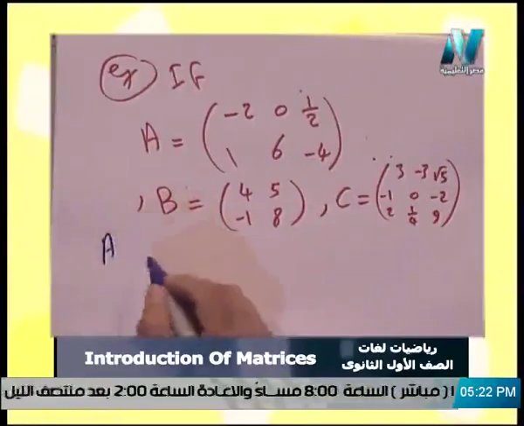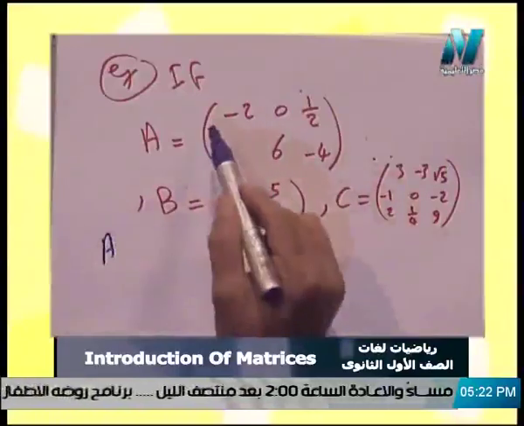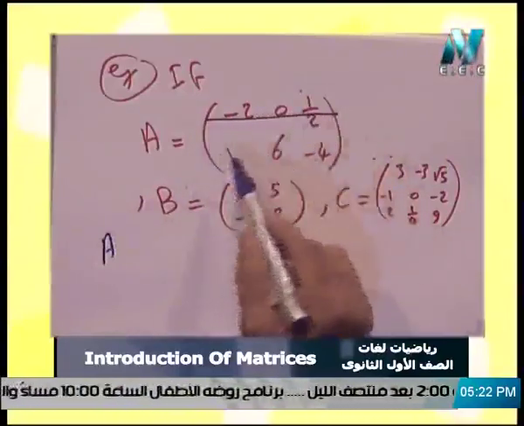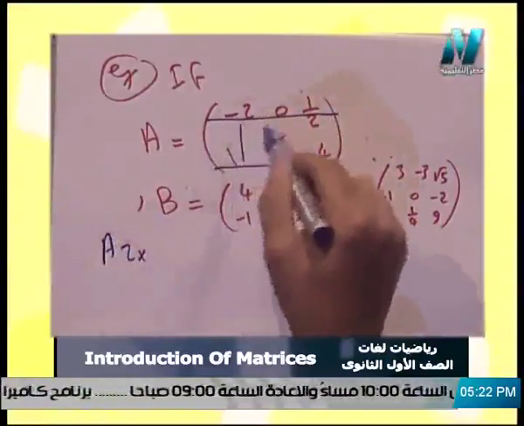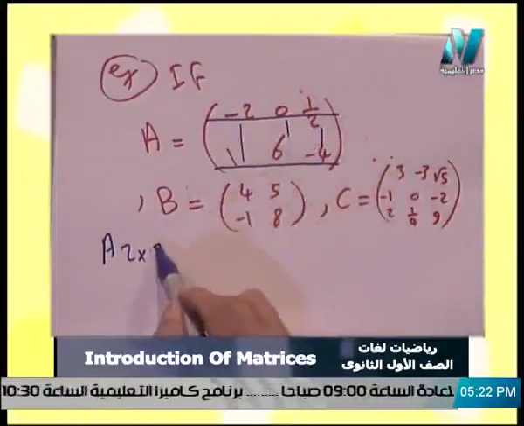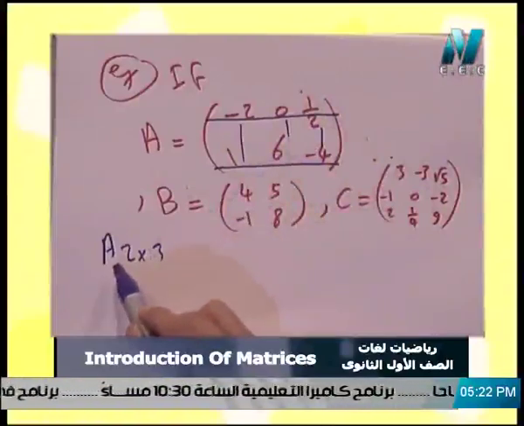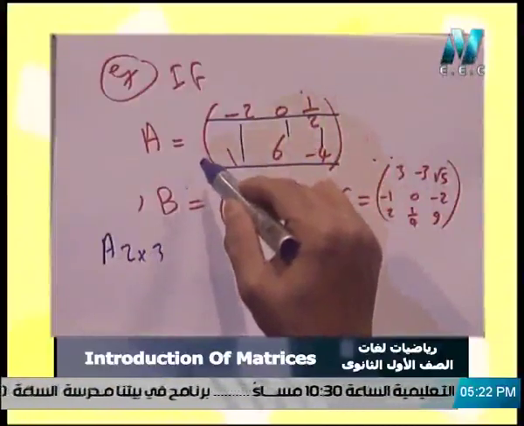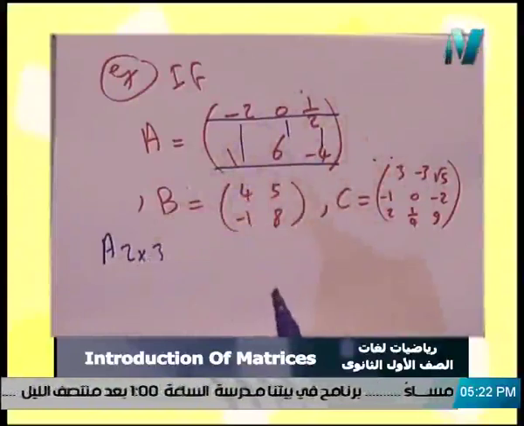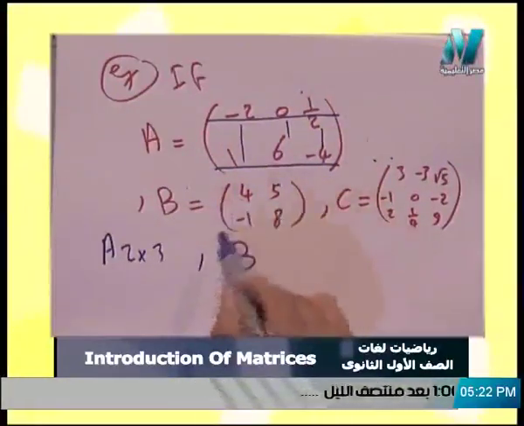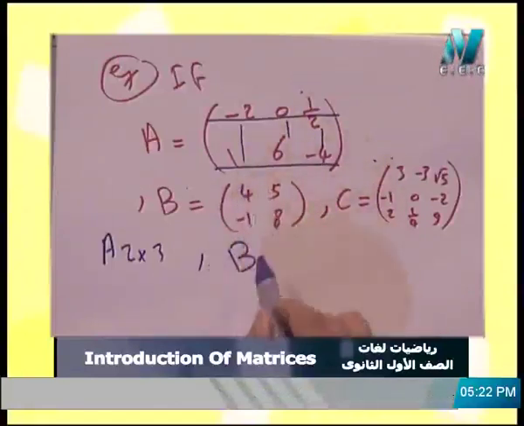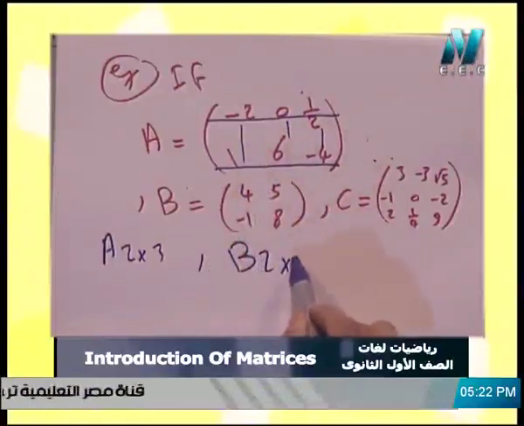The matrix A is of order what? Yes, we have 2 rows, so it's 2 by 3 columns. The order of the first matrix, which is A, is 2 by 3. Matrix B has 2 rows and 2 columns, so it's order 2 by 2.